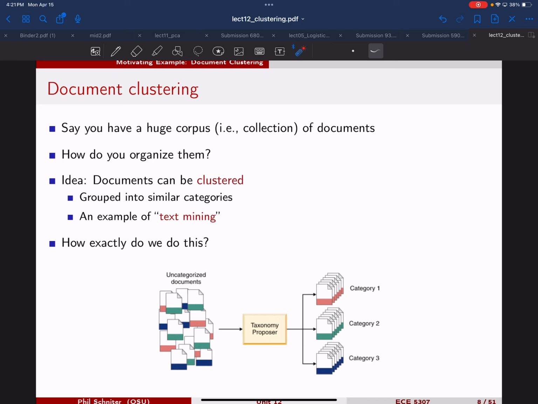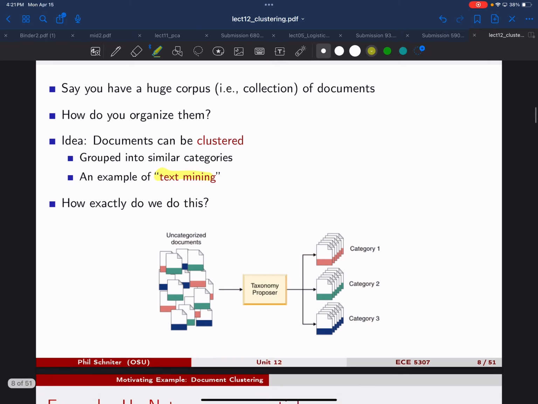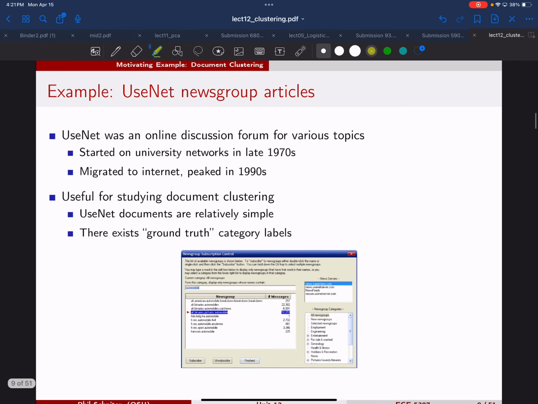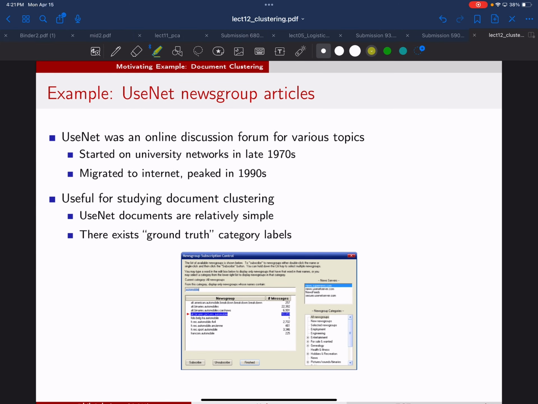That's the goal, and this is an example of what people sometimes call text mining. We haven't really dealt with text yet, so this is another motivation to see at least one way of dealing with text.